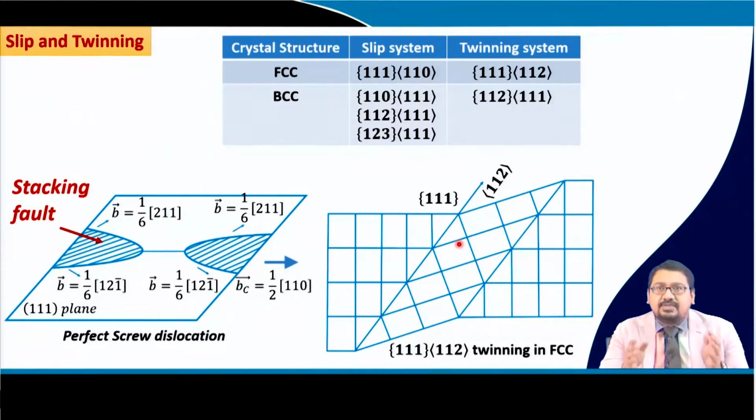But to let you know, when there is a contraction along the C axis, it is known as contraction twinning, and when there is an extension along the C axis it is called extension twinning, and all these factors will definitely affect the texture evolution in the material.